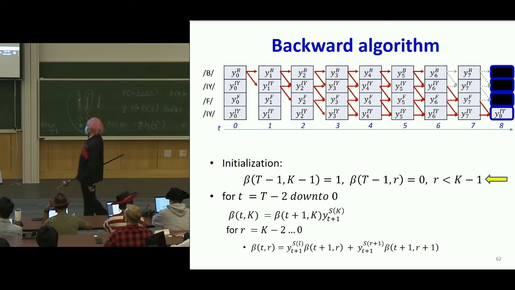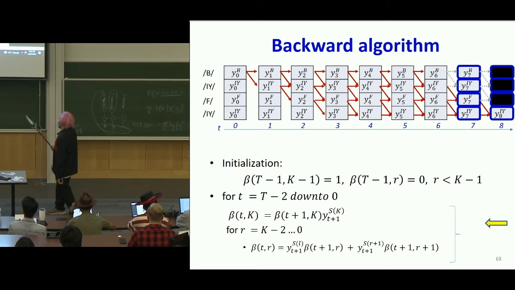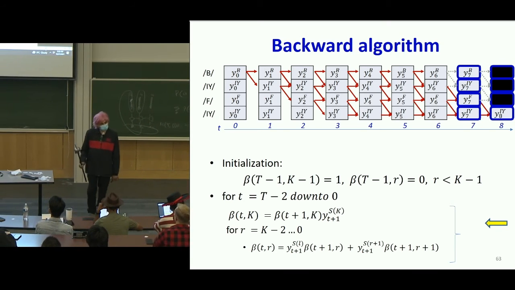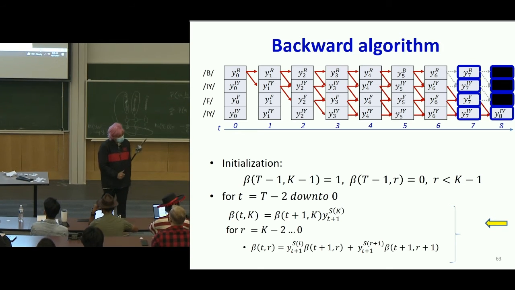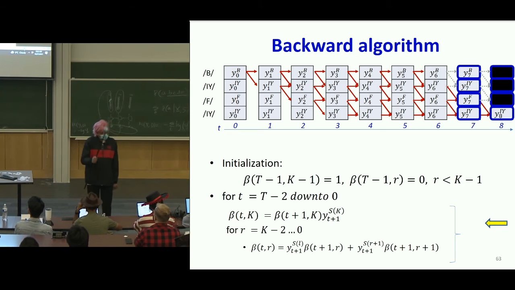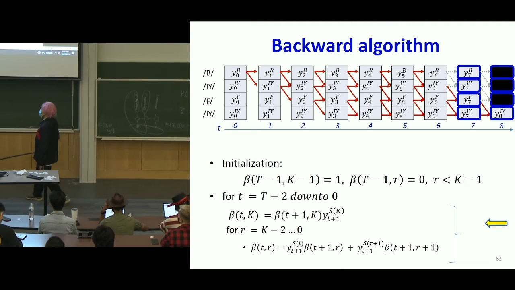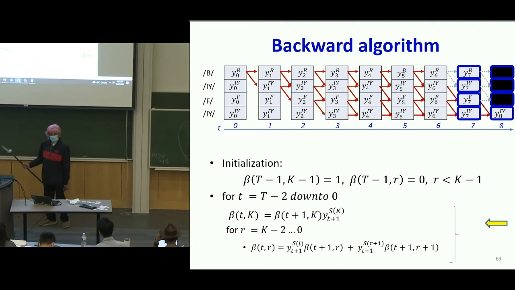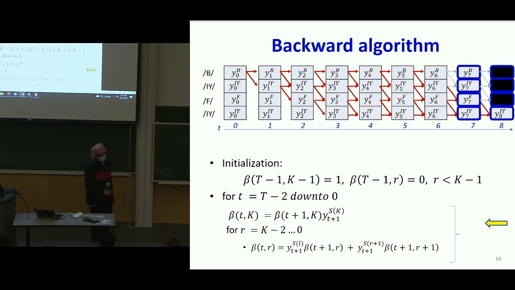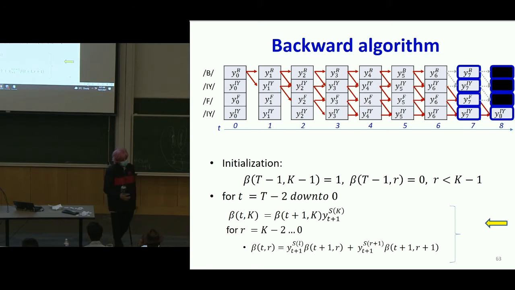Subsequently, I can just work my way back, and for each column going backwards, for each node, I can work my way up the graph. I can sum over all of the nodes that can follow that node, all of the possible successors.